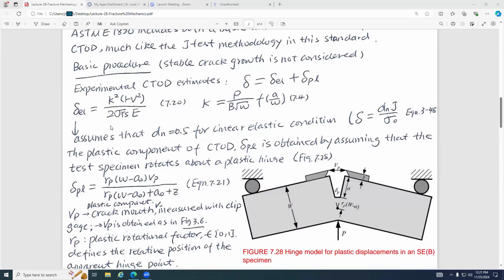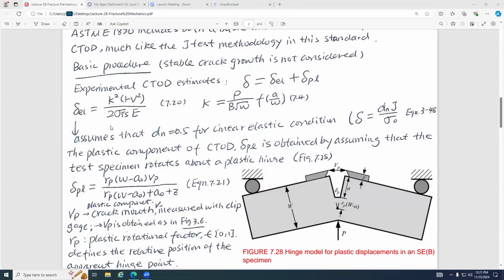For the SENB specimen, we usually have two knives, and we measure the distance between these two knives. Delta PL is obtained by assuming that the test specimen rotates about a plastic hinge.